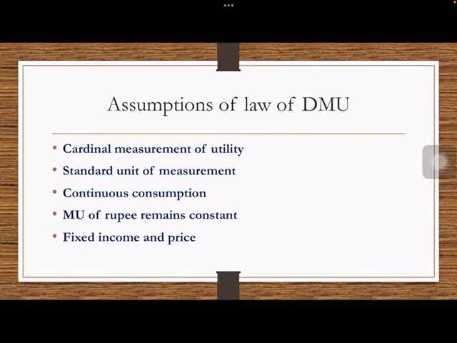Next is continuous consumption. That means consumption must be continuous, no break. Next, the marginal utility of the rupee remains constant. And fixed income and price: no change in the price of the commodity, no change in the income of the consumer. These are some assumptions on which the law depends.